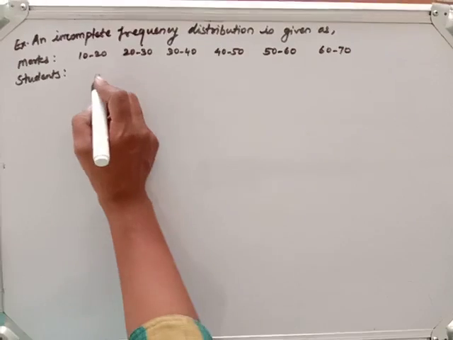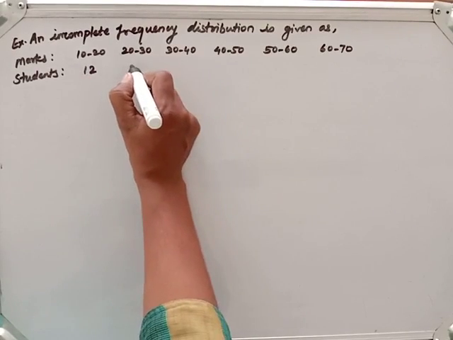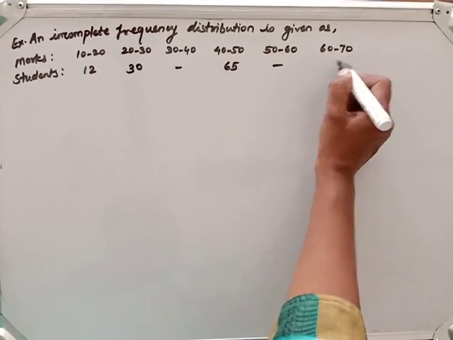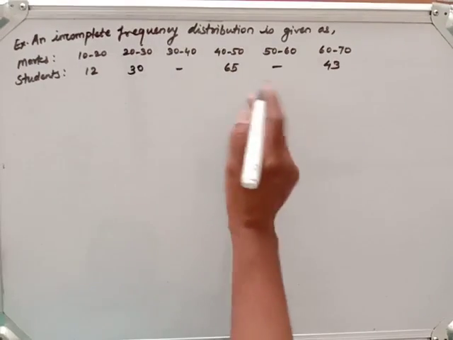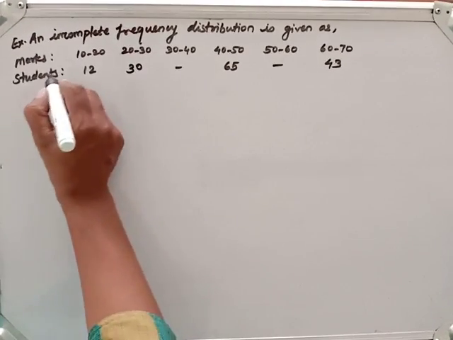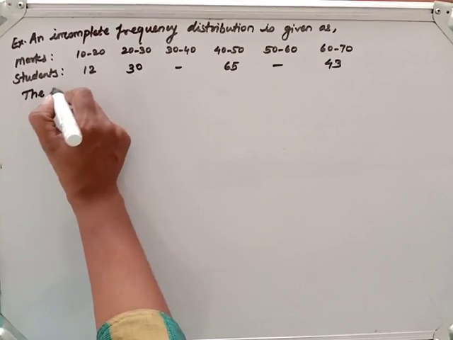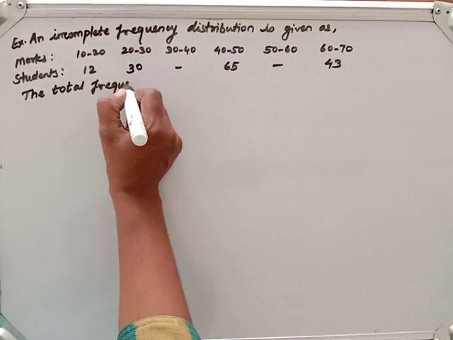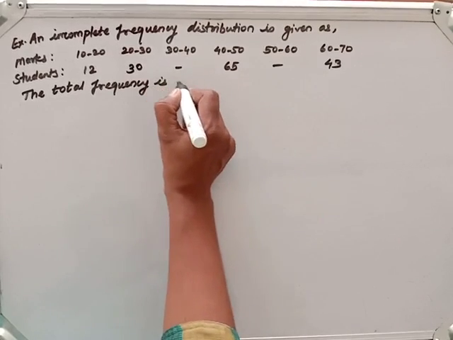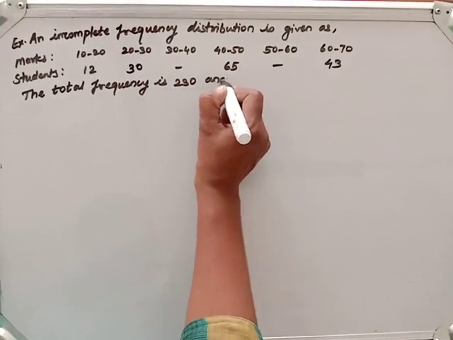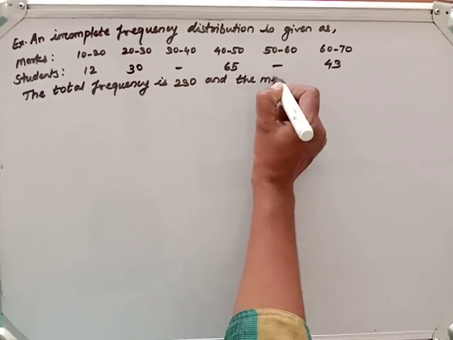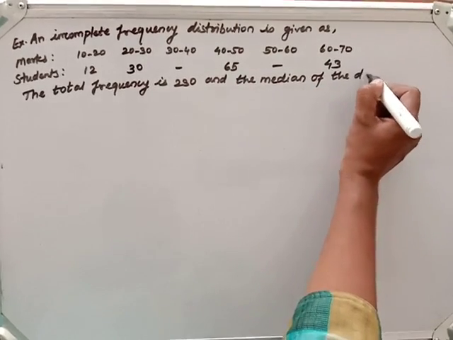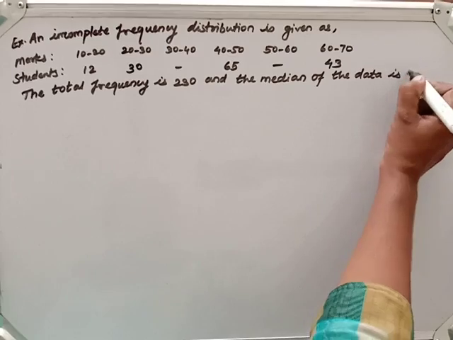Okay, now students are here 12, 30. Now this is not given. 65. This is also not given. Yes, that's why it is said it is incomplete. So these are not given. Okay. So now the question is not yet complete. The total frequency is 230, and the median of the data is 46.